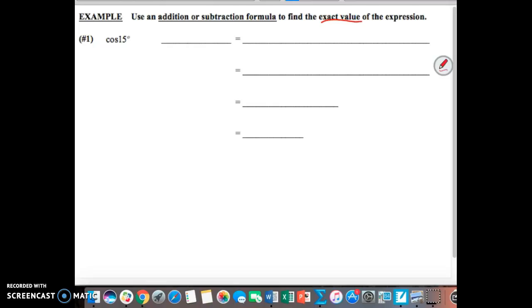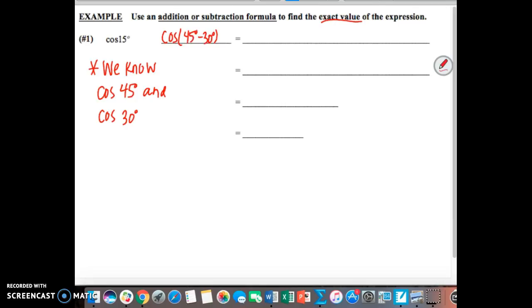So thinking of cosine of 15, numbers we know that either add or subtract to 15 are cosine of 45 degrees and cosine of 30 degrees. If we take 45 minus 30, that gives us 15. So cosine of 15 is equal to cosine of 45 degrees minus 30 degrees.